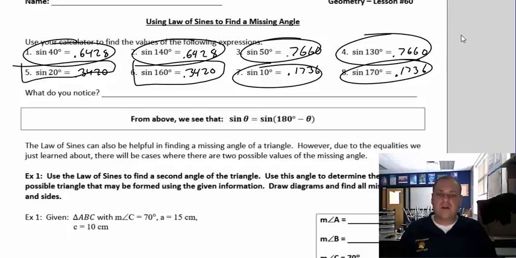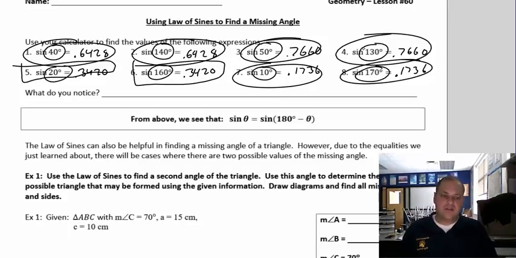What I want you to see here is that when you do the sine of 40 and the sine of 140, you get the exact same answer. Sine of 50, 130. What's similar between 40 and 140? Or 50 and 130? Or 20 and 160? What's the relationship? See if you can figure out 10 and 170.